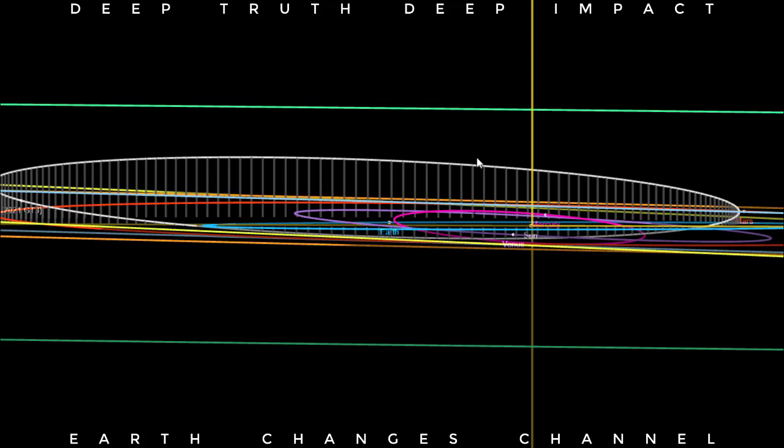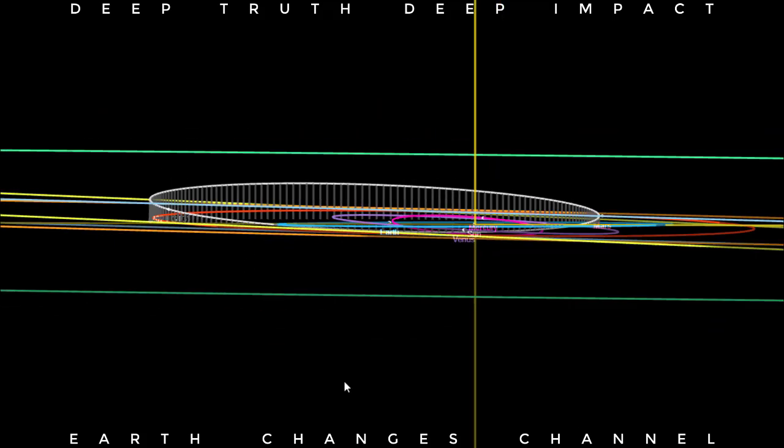This line here is the orbit, and as you can see it's moving down towards planet Earth. But I wanted to show that to everyone before we start the orbit diagram, so you all know that it's coming downward.